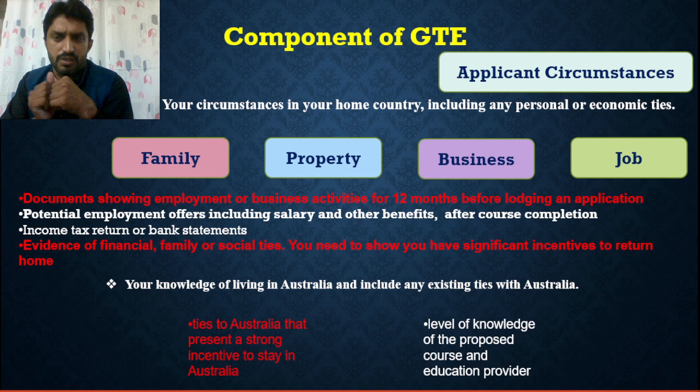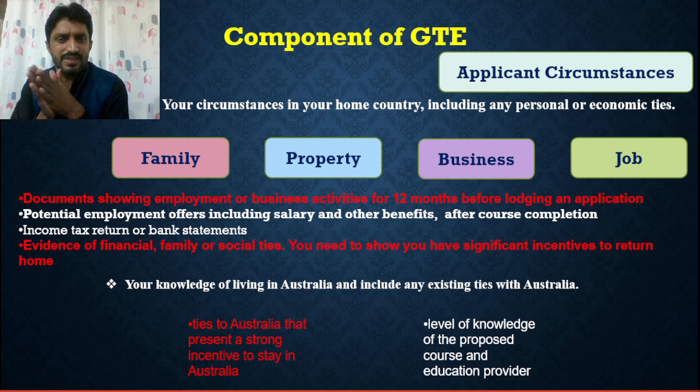Evidence of financial, family, and social ties. You need to show you have a significant incentive to return home. This is the main point of this statement. That is, you have a significant incentive to return home.